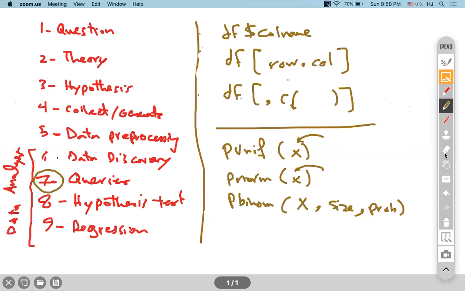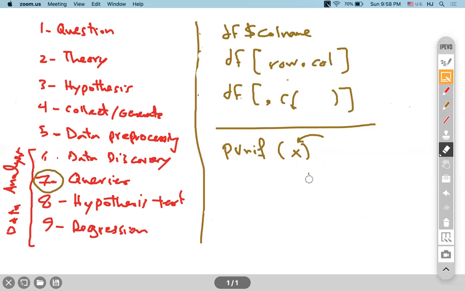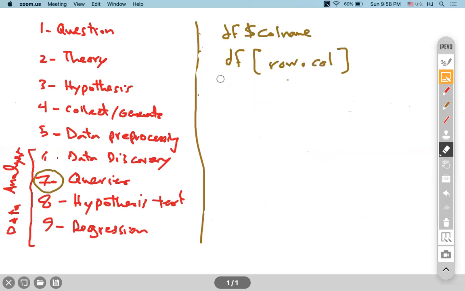Now, sometimes in this step we can get some description about the data itself. So different types of queries we can apply, not just to select parts of the records or certain records. We can get some description about the data itself. Sometimes we call these steps describing the data, or we can make it part of doing the queries.